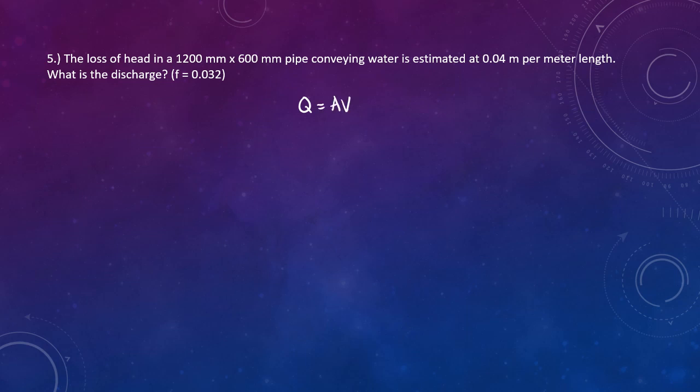To solve for velocity V, we will be using the Darcy-Weisbach formula, hf is equal to f L over D times V squared over 2g. But since the pipe is non-circular, we need to solve for D first.